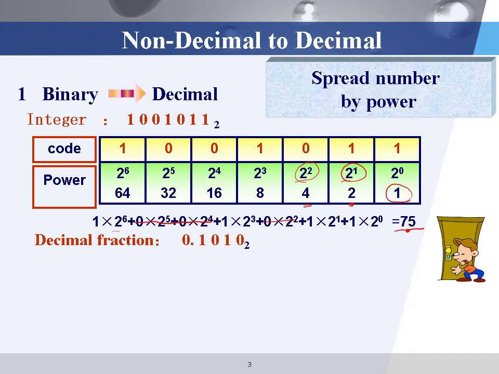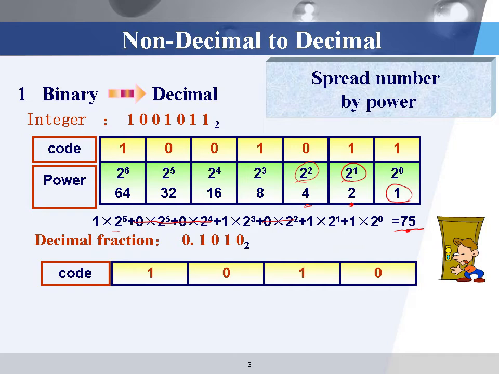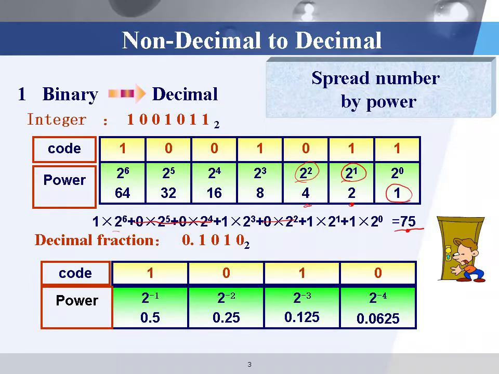Suppose we have this fraction number, 0.1010 in binary. Again, we are going to calculate the power for each of the numbers. So the power starts from -1 and then -4. So the first power for the digit is 2 to the -1 power, which is 0.5.